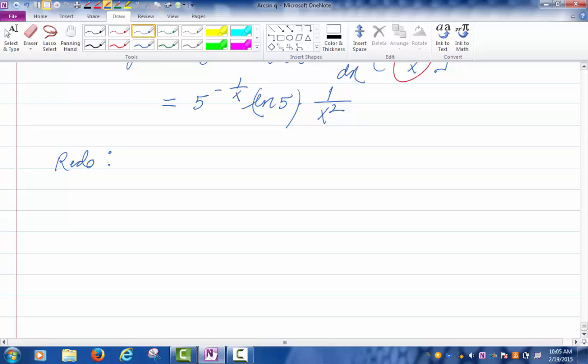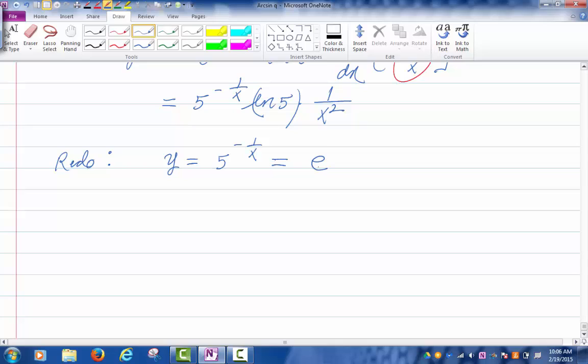Now, I take the derivative. What's the derivative of e to the power something? It is exactly itself, multiplied by the derivative of the exponent. What's the derivative of the exponent? ln of 5 is fixed.